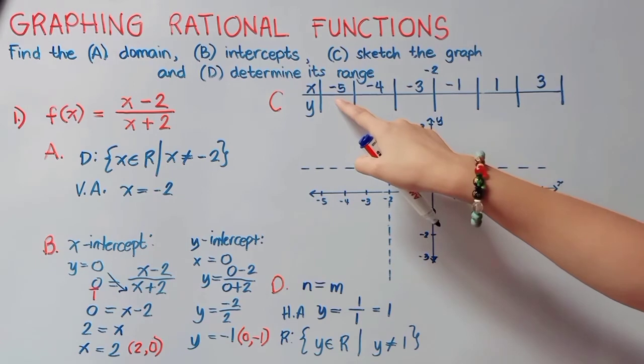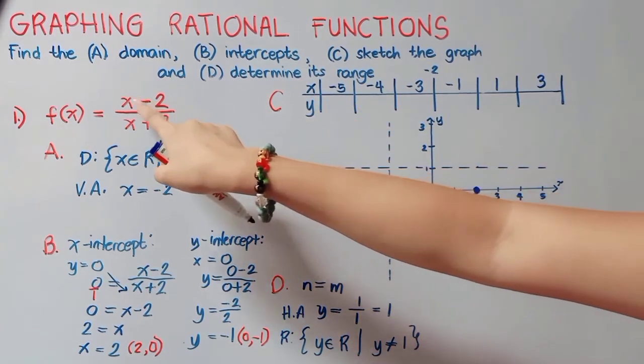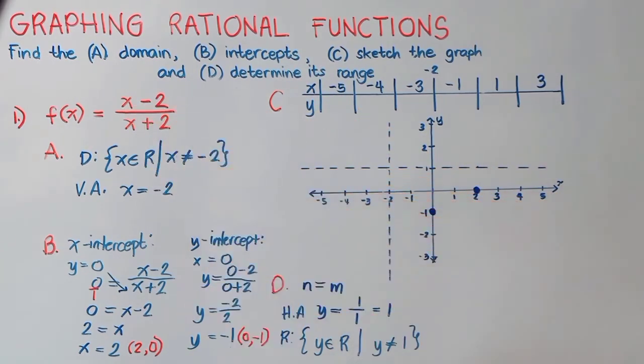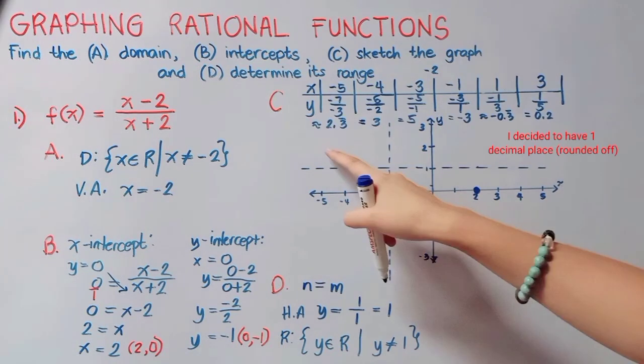So we can now substitute each of our x values to our given function. But since we can easily do that using our calculator, I will simply show you the answers.